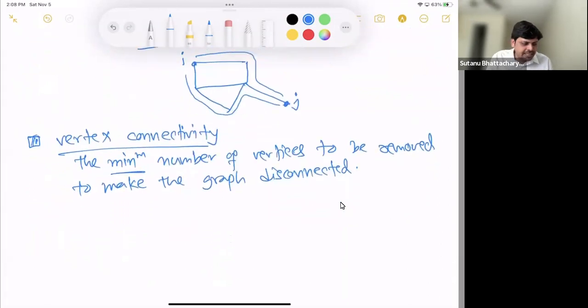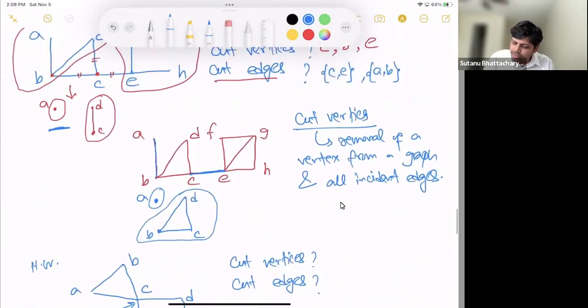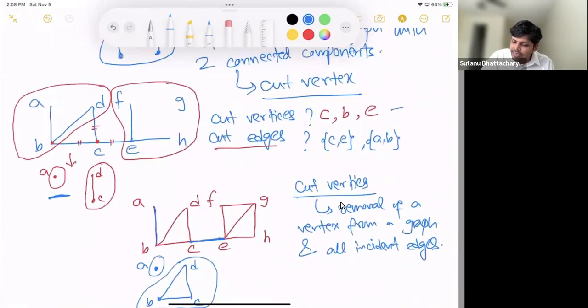Let's take one example. We already took one example in the previous lecture, this one. Here C, B, or E, all are cut vertices. If you delete only one, any one from C, B, E, then the graph will be disconnected.